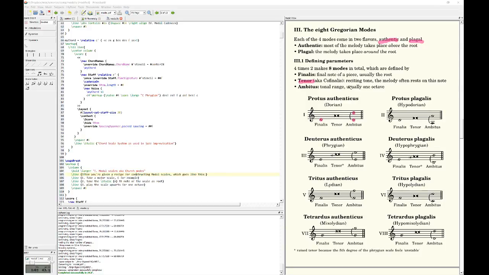It's a tonal center where you would rest the melody a lot, and the tenor for D Dorian would be on the 5th. Now if we look at plagal Dorian, you still have the same root, but the range of the tones is different. It goes from below the root to the 5th, and the reciting tone is on the 3rd step.